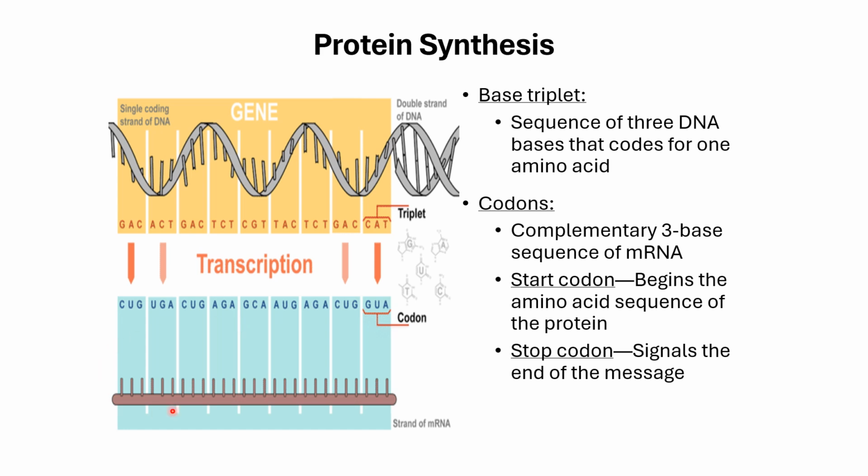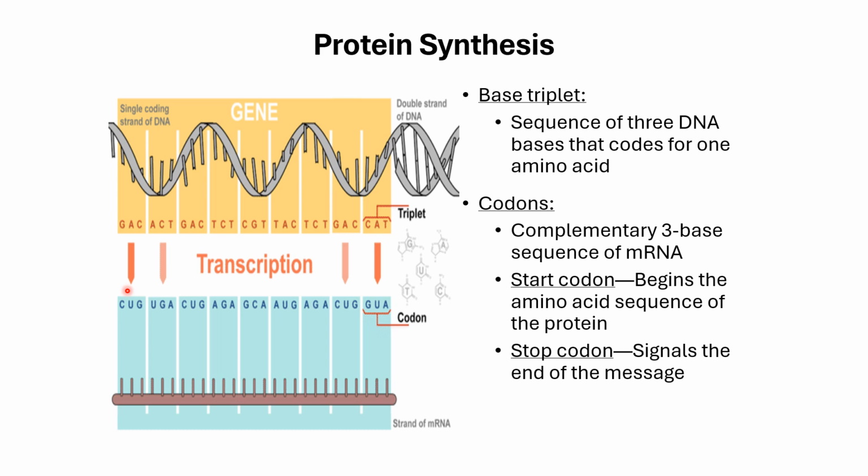So this is the messenger RNA, and this is the DNA. From a DNA, a messenger RNA is created. And in the DNA, you will see a base triplet, that's a group of 3, and a complementary base messenger RNA is formed.